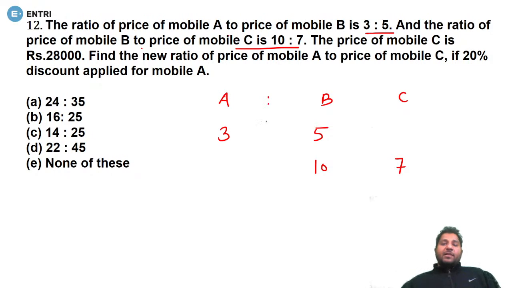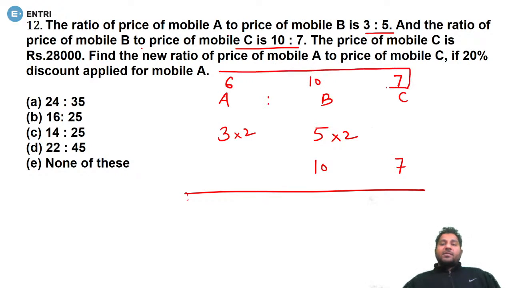Let me make it a clear ratio. We will multiply the first by 2 to get the final ratio as 6:10:7.